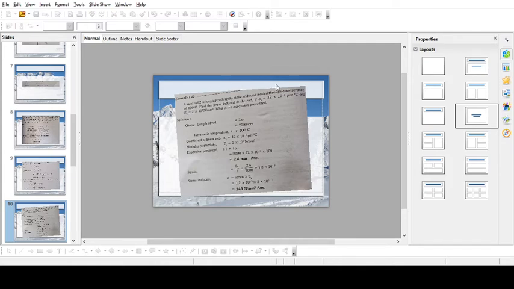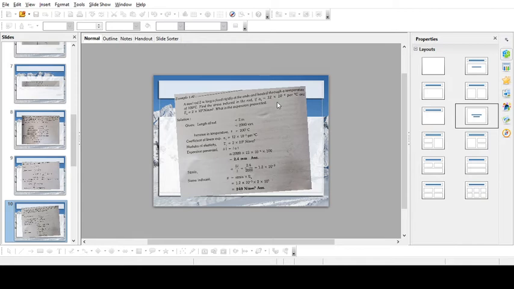So, from this figure, it is clear that if I am taking some reference point at the center, it is simply delta L1 plus x1 should be equal to delta L2 minus x2. Right?